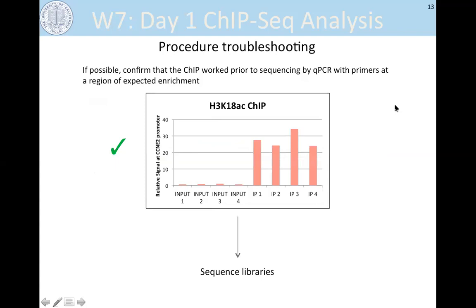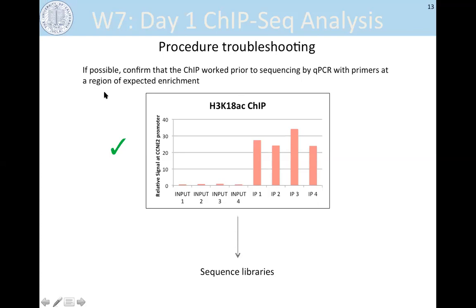All right. So as we know, sequencing costs money. So a good way to prevent sequencing ChIPs that aren't going to give you valuable information, and making your PI mad, is to confirm that the ChIP worked prior to submitting your libraries for sequencing.